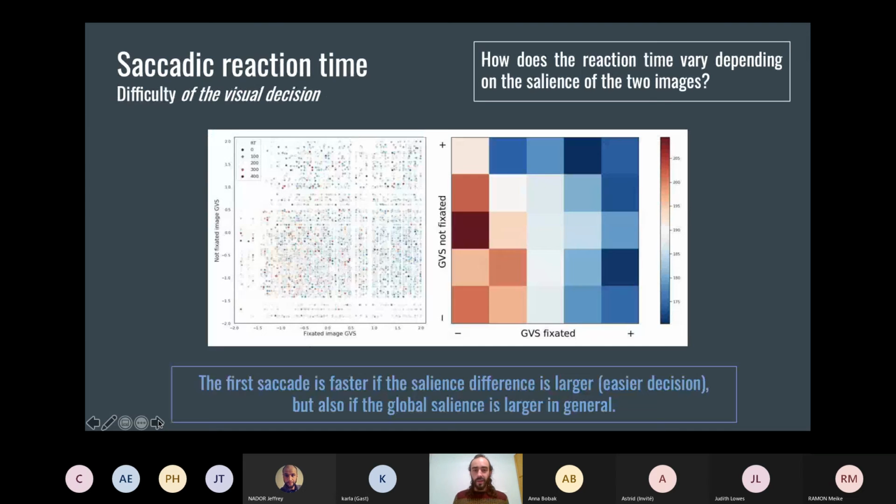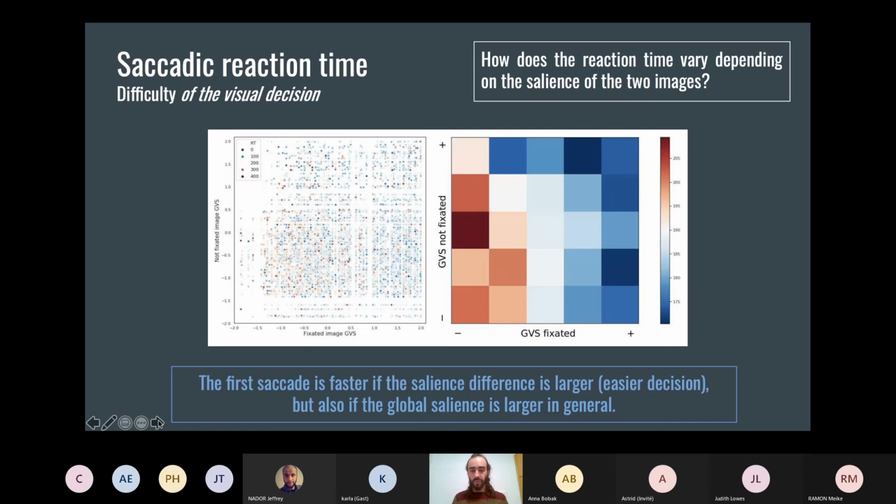And here we want to consider the global visual salience score of the two images. We get it from the previous results, and with this we can study how the reaction time varies depending on the combination. Is the left image very salient and the right image not salient?